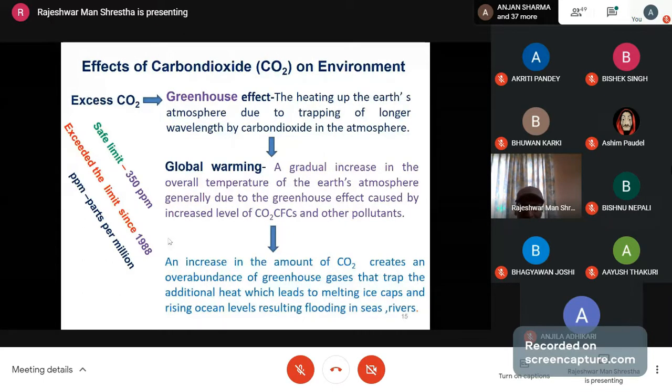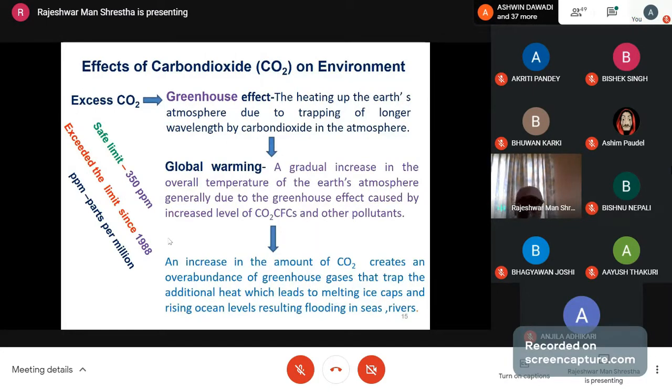Global warming means a gradual increase in the overall temperature of the Earth's atmosphere, generally due to the greenhouse effect caused by increased levels of carbon dioxide, CFC gas, methane or other pollutants. When global warming occurs, it creates an overabundance of greenhouse gases that trap additional heat, which leads to melting of ice caps and rising ocean levels, resulting in flooding in sea and water.